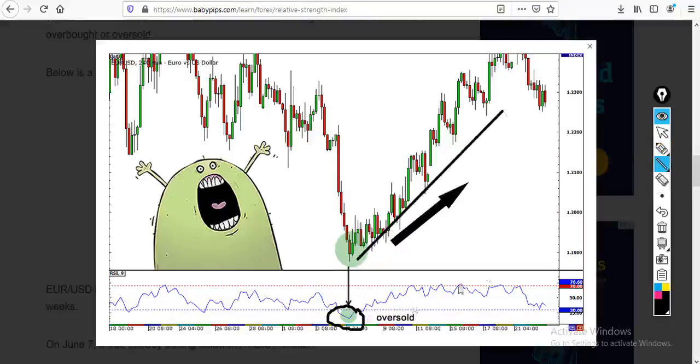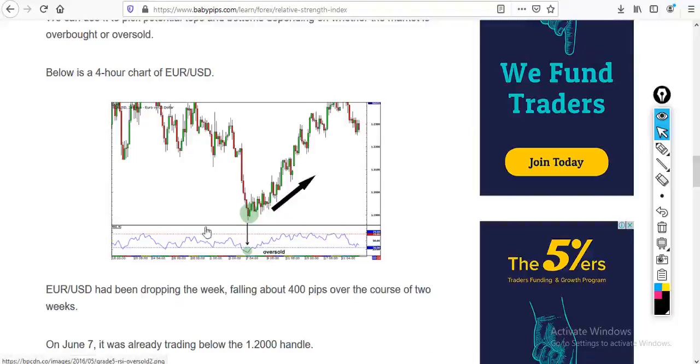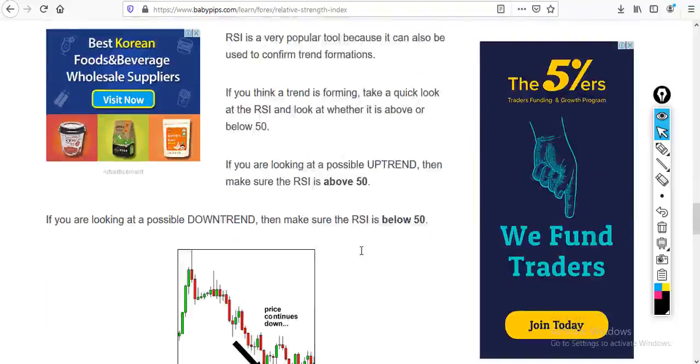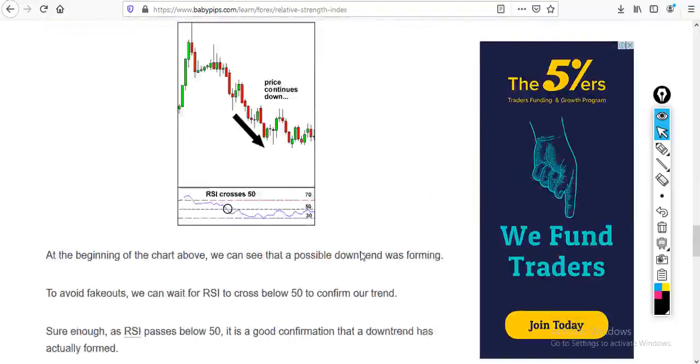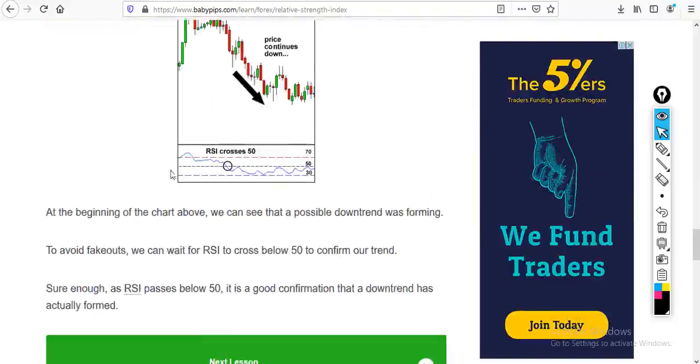If you had bought the market anywhere here, say here or even here, you would have made substantial profits. Lower lows and higher highs. So that's basically how to use the relative strength index indicator, to determine the trend and trade according to the trend. Now if it gets to the middle line, that's a pullback, and once it passes the middle line, you just know you're heading to the downside.